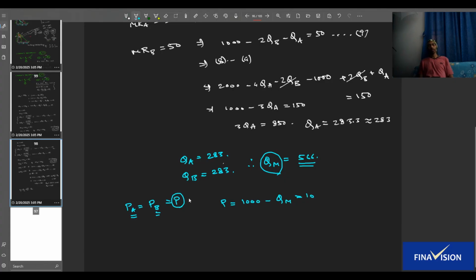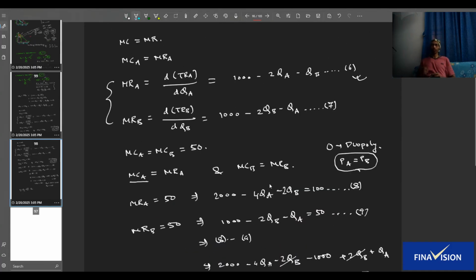This is equal to 1000 minus 566 is equal to 434. This is equal to PA or PB. So under Cournot equilibrium, the pricing for A and B both is 434. Right, friends? Now we'll move into the next method of strategizing, which is Nash equilibrium.